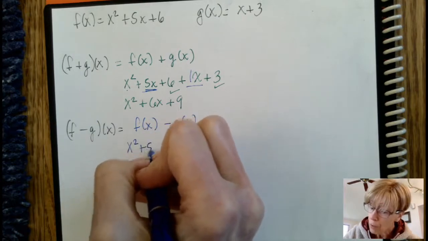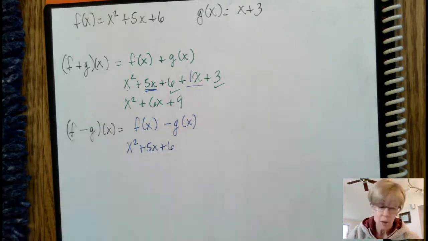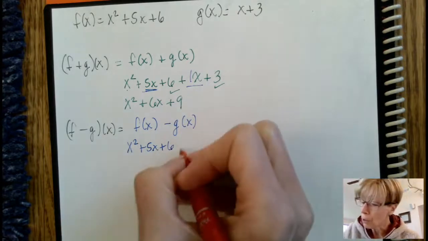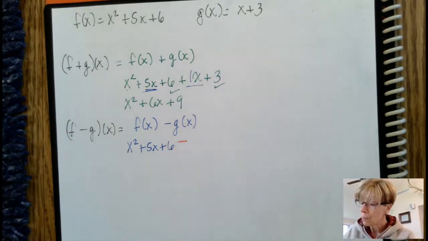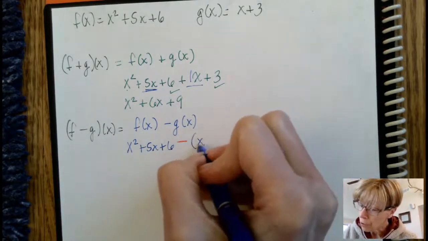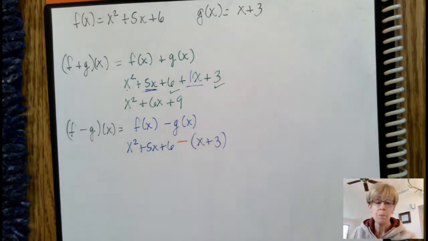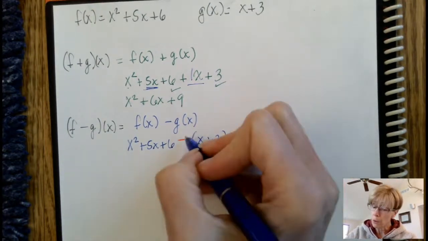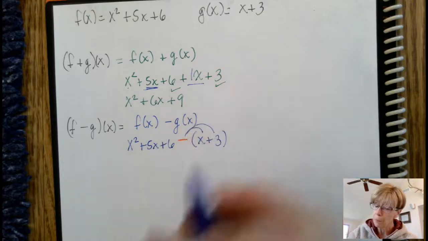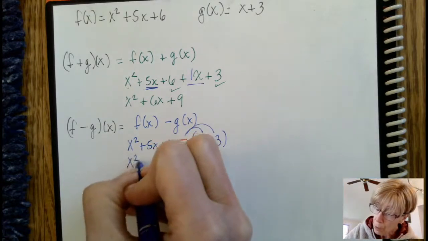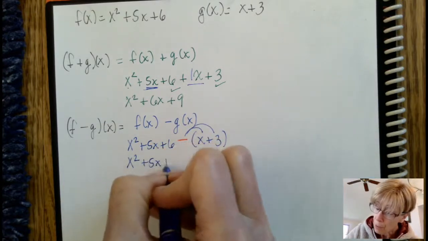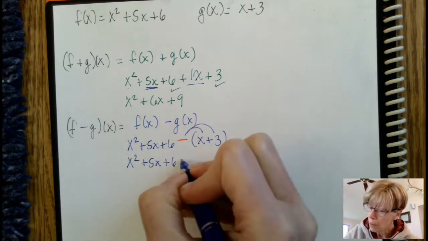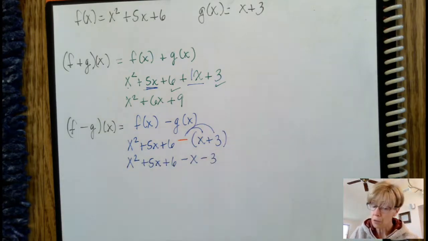So we're going to have to do a little bit more work because we have to distribute, but we get x squared, like with the x squared once again, but we do have 5x minus 1x. Again, reminder, there's a 1 written in front of the x when nothing's written there. And then we have 6 minus 3, which is plus 3.